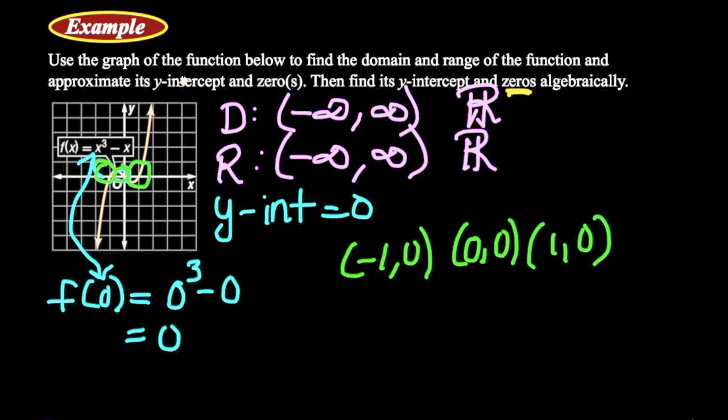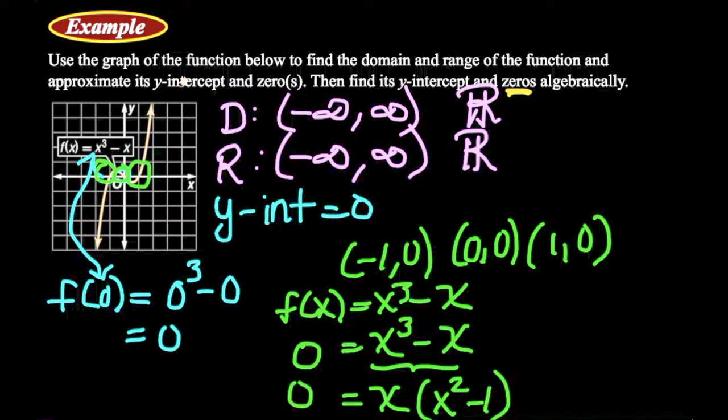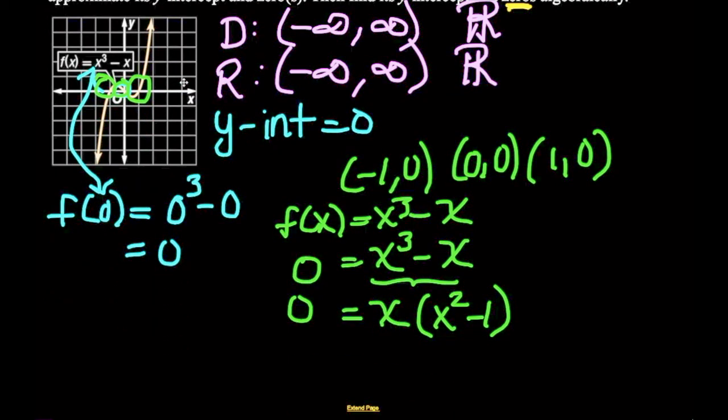So we need to find those algebraically now. So let's go ahead and do that. If we have f of x is equal to x cubed minus x, we want to find out where that thing is equal to 0. Well, we can factor out an x from both terms. And when we do that, we're left with x squared minus 1. Now set each factor equal to 0.